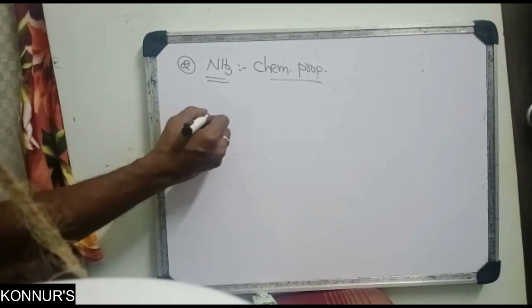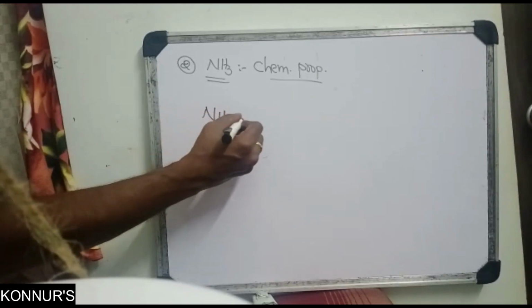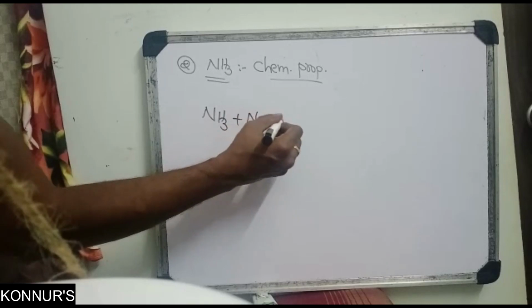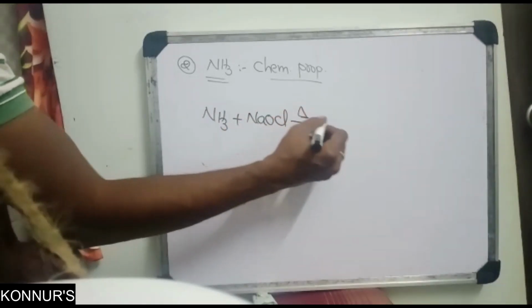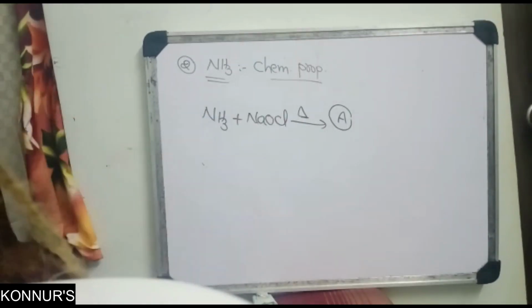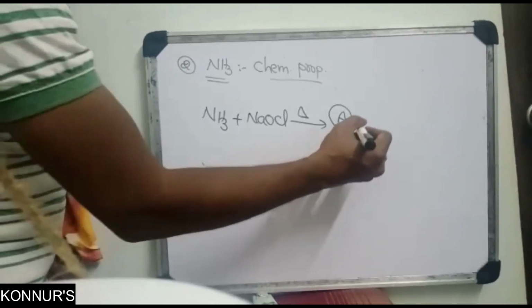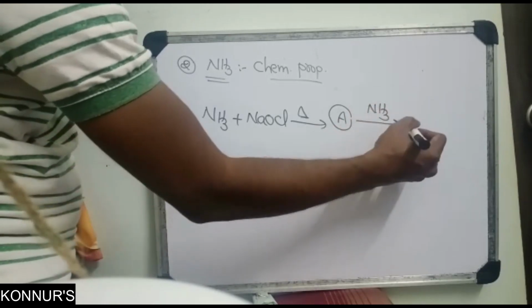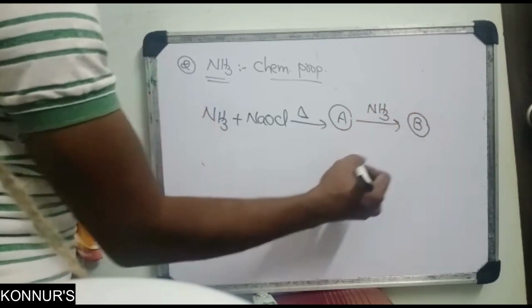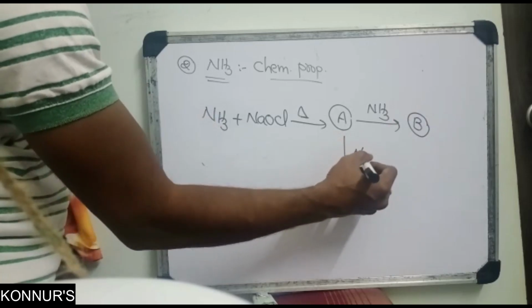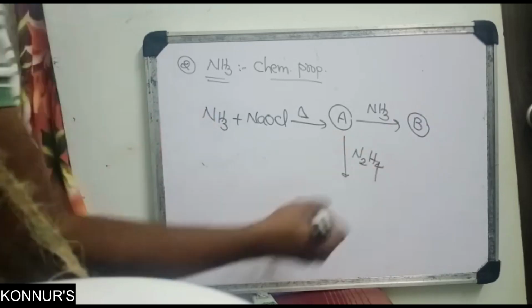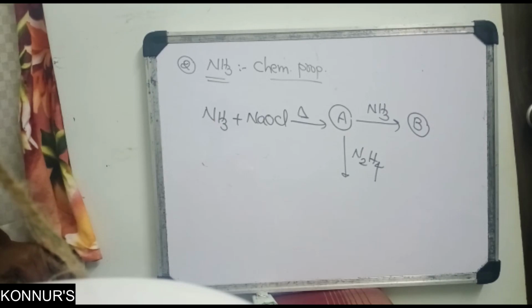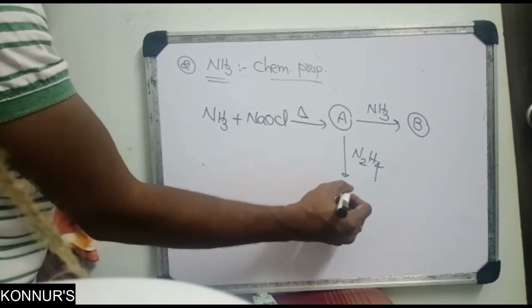See, suppose ammonia is treated with NaOCl. So you are getting compound A. That is treated with ammonia, and you are getting compound B, otherwise N2H4, hydrazine. So what will you get?